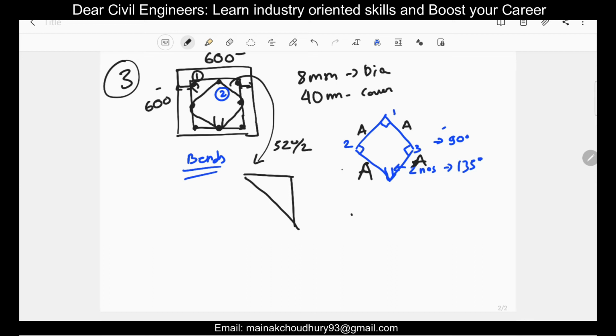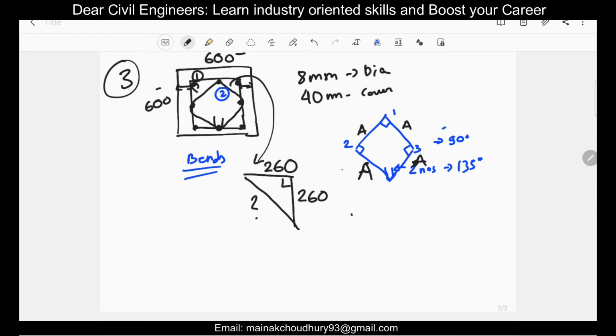Okay, so this will basically be here 260. So this particular length will be here 260, and similarly this length will also be 260. So this is the perpendicular portion here.